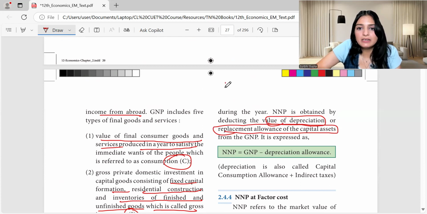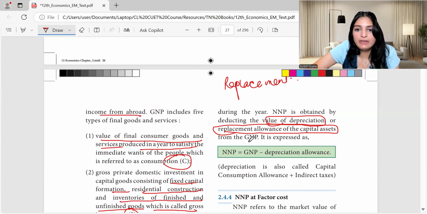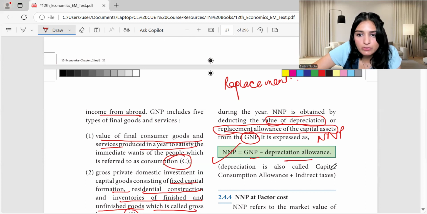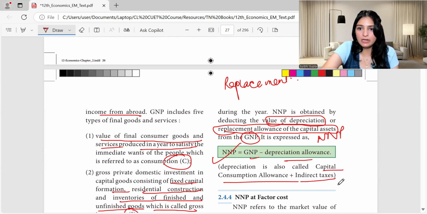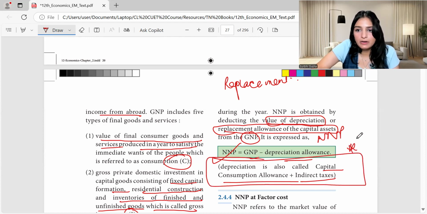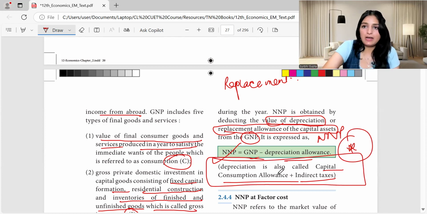So if they ask, replacement allowance of capital assets is also known as depreciation. When we reduce it from GNP, we get NNP. You can say NNP is equal to GNP minus depreciation allowance. Depreciation is also called capital consumption allowance, plus indirect taxes. That's a very good thing that everybody should know.